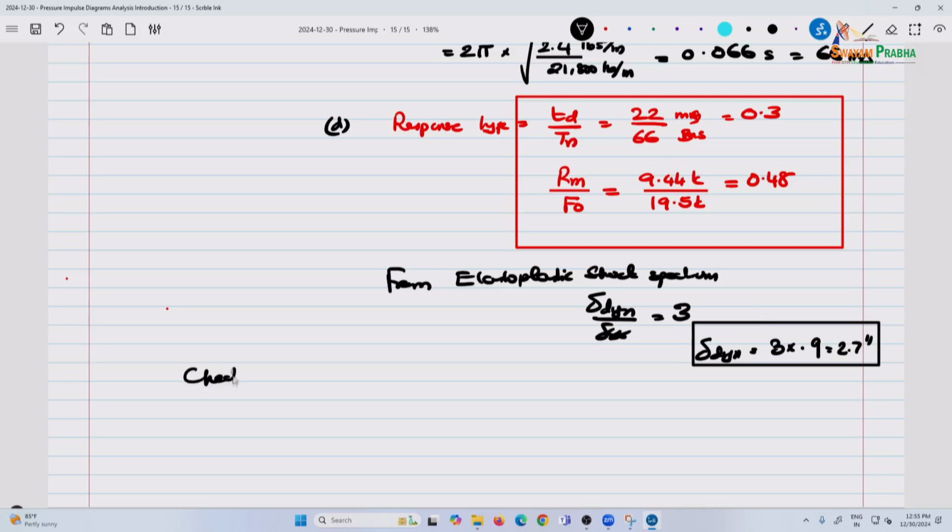Couple of checks. We do the ductility, is delta max by delta dynamic, of course.